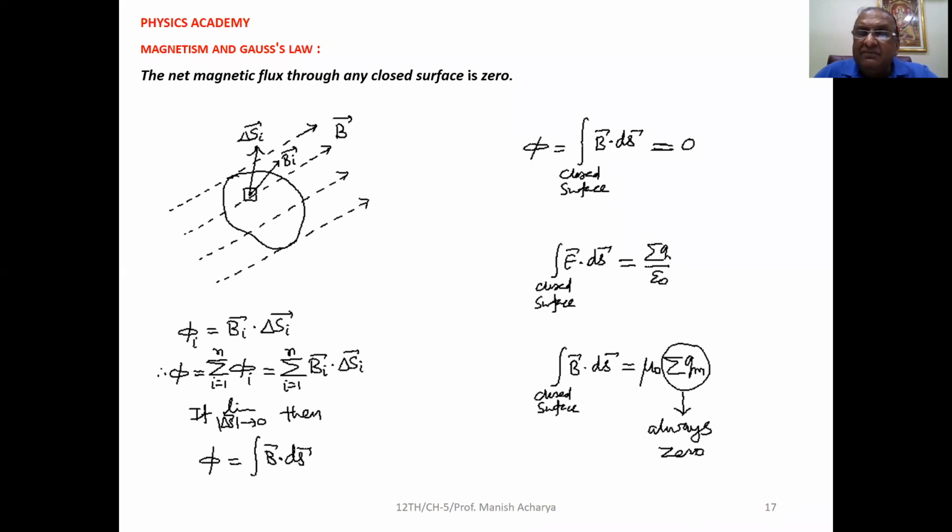So when sigma qm is 0, it means a single independent pole is not available in nature. So this is the proof that a monopole does not exist in nature. Clear to all of you up to this one?